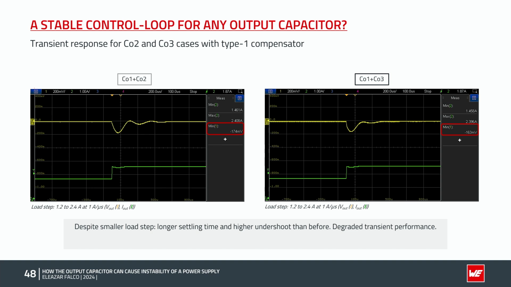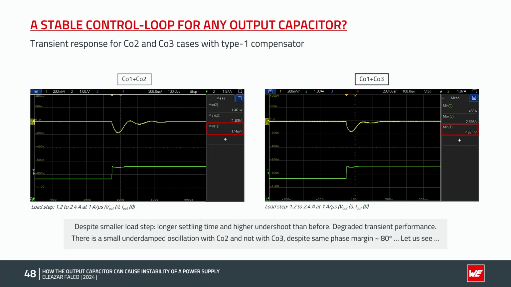Observe how they are stable, but despite the smaller current step as compared to the previous test that we've shown in the webinar, the transient response suffers from a longer settling time and higher undershoot than before. So we read here minus 174 millivolt, and we had before 75 millivolt, and here around minus 160 millivolt compared to the 85 millivolt we had before.